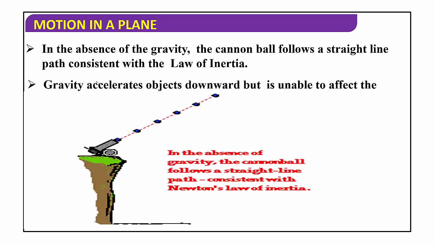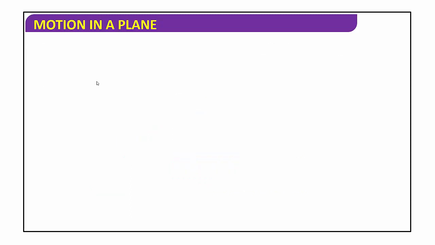In the absence of gravity, the cannonball follows a straight line path. And this is consistent with Newton's law of inertia. You studied in your high school days about Newton's laws of motion, the law of inertia. Newton's first law is also called the law of inertia. If there is no gravitational force, this cannonball is moving in a straight line.